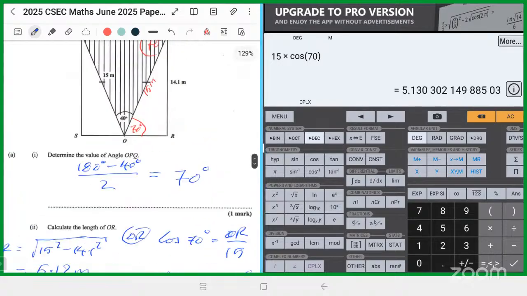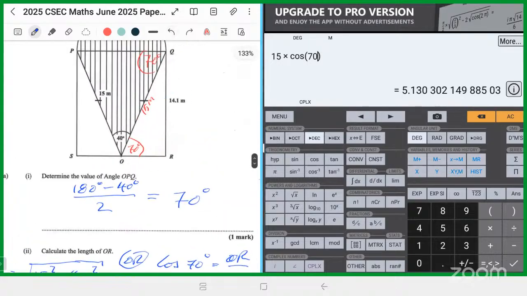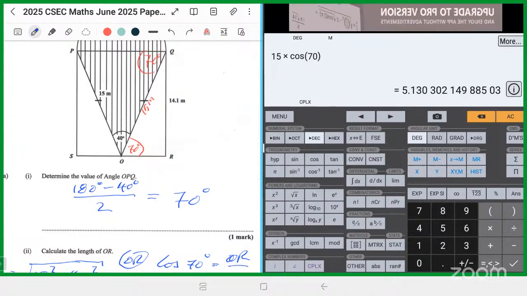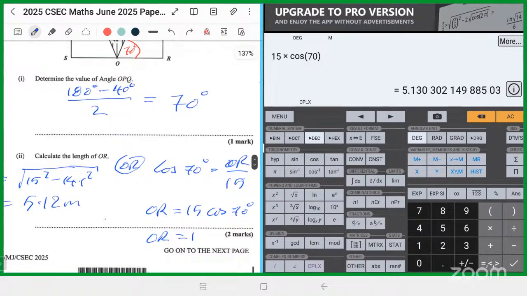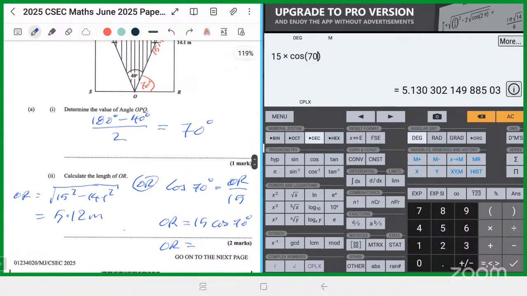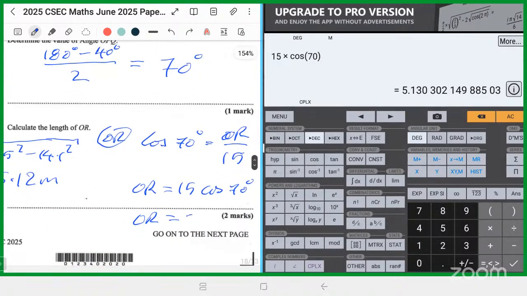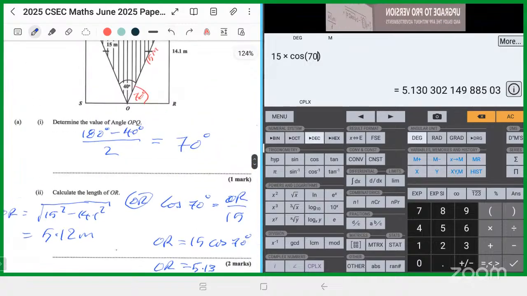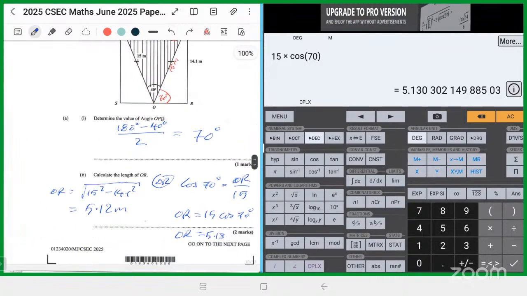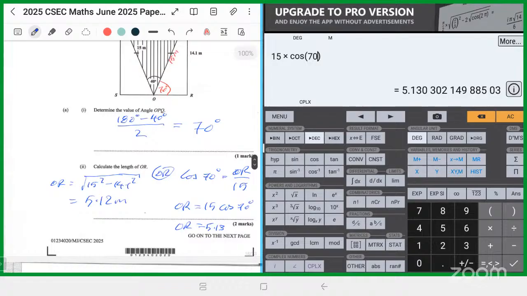So that's maybe because this side has been corrected a little bit. So what do we do? If I use the angle, I'm going to get 5.13 meters.